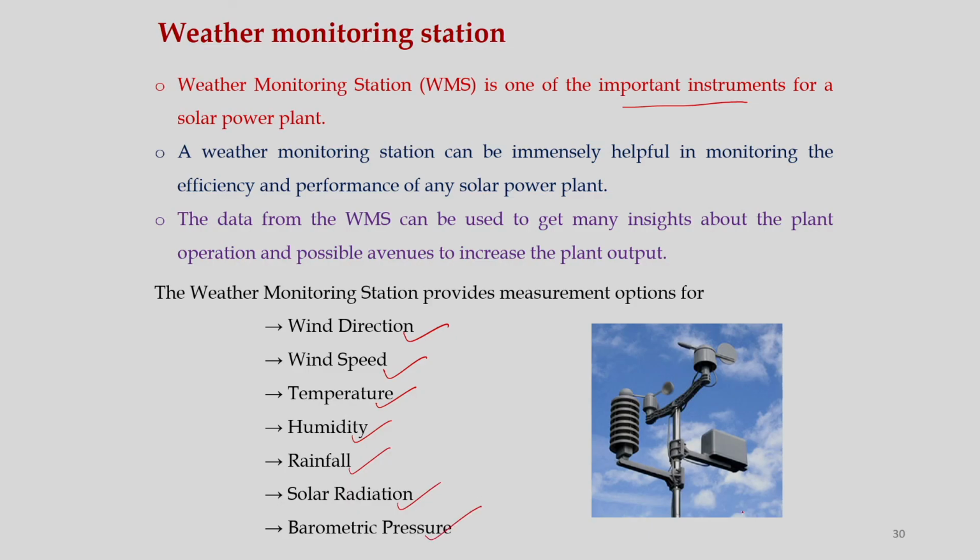So, this kind of system is there. As you can see, this is an anemometer. When the wind comes, it strikes on this bucket and it starts rotating. Okay? So, we can understand the wind speed at a particular time and day. And of course, other parameters like temperature, humidity, rainfall, everything can be monitored by using this weather monitoring station.